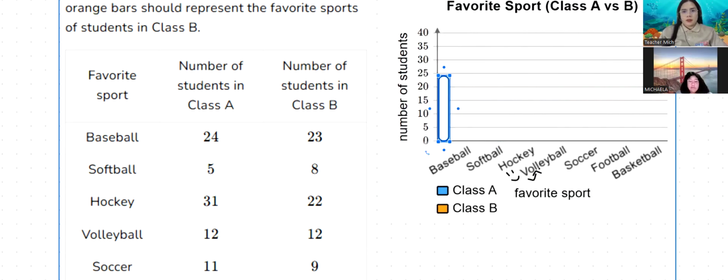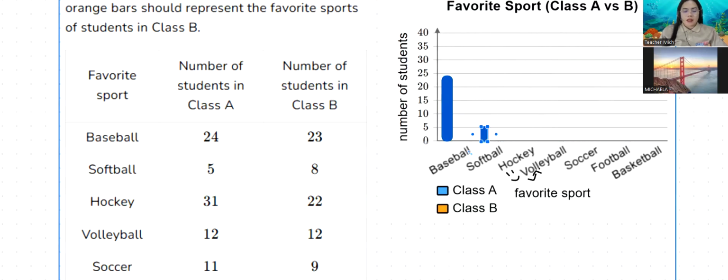So this is how we represent this using our bar graph. This is for the baseball, which is 24. For the softball, we have here 5. So this should be 5, like here.